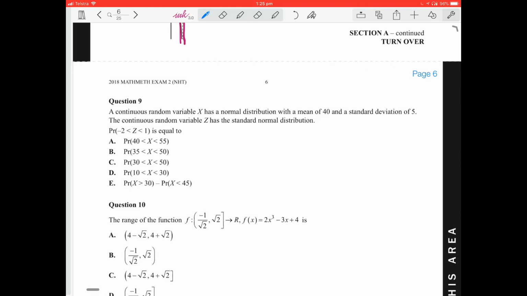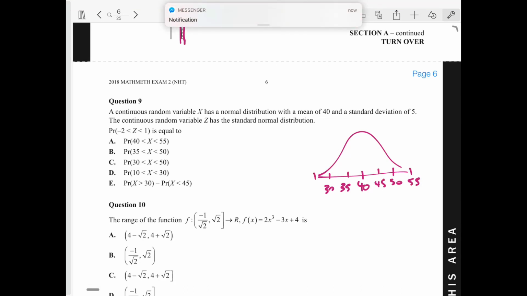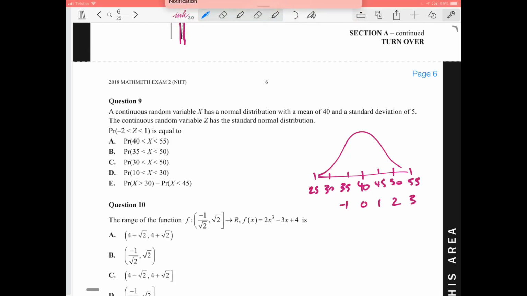A continuous random variable has a distribution with mean 40 and standard deviation of 5. Okay, so whenever you have a question like this, always draw 40, 45, 50, 55, 35, 30, and 25. And we know that's 0, 1, 2, 3, negative 1, negative 2, negative 3.